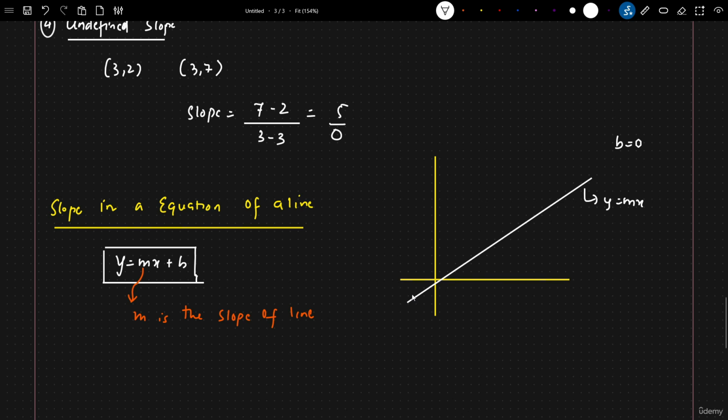If this line meets the y-axis at the origin, b just indicates where we are meeting at the y-axis. m is nothing but slope. And the second point that I will write down so that you will be able to remember: b is the y-intercept, where the line crosses the y-axis.